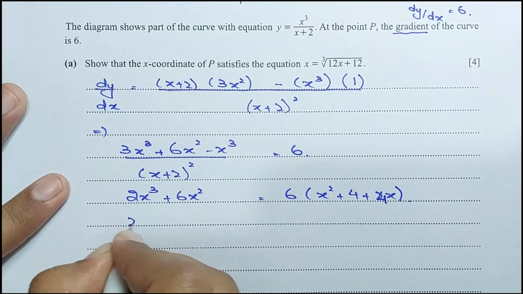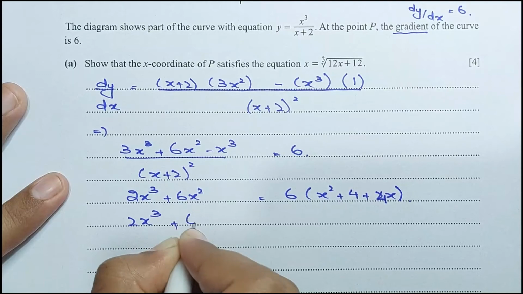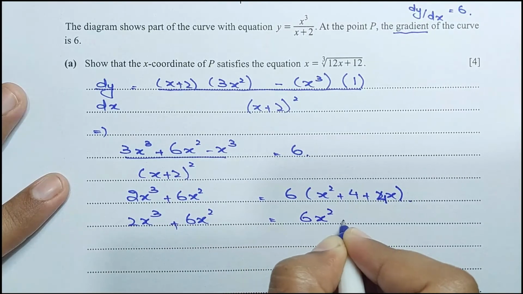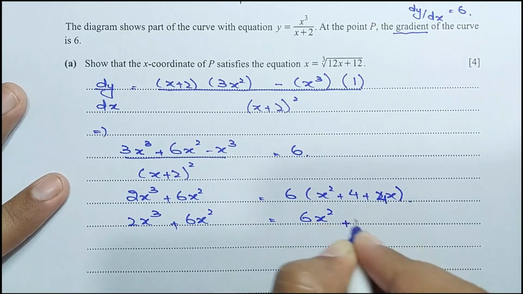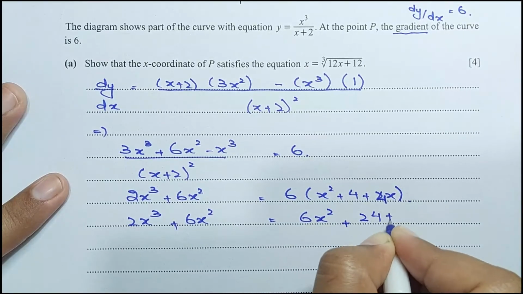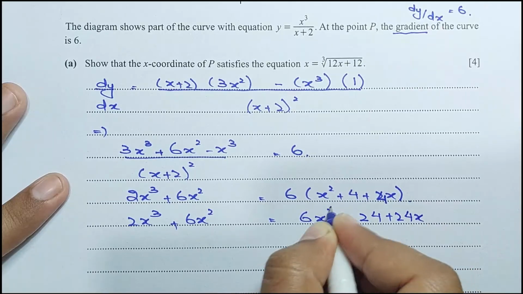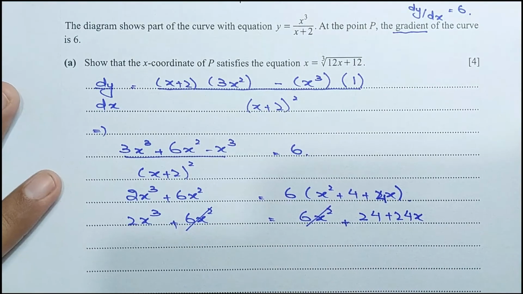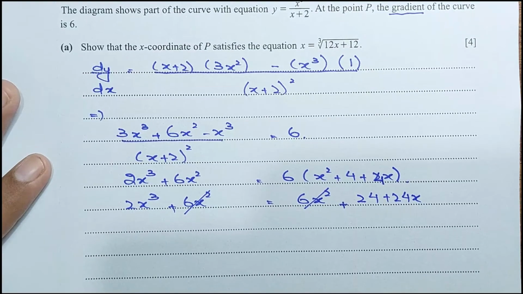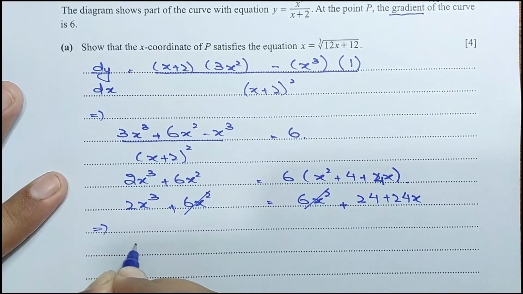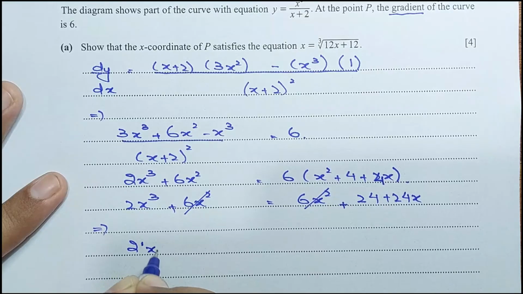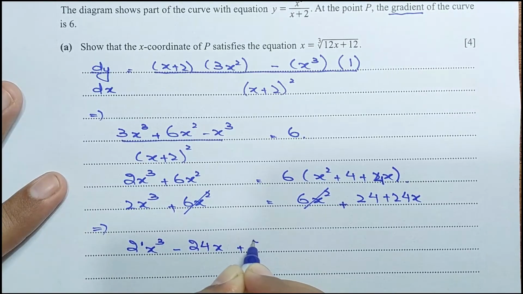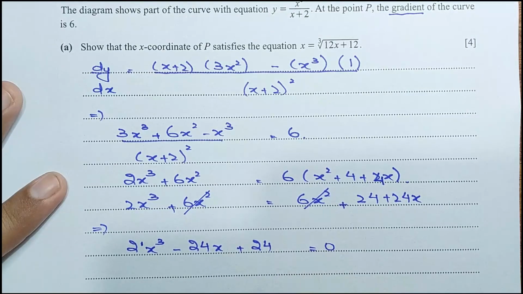So 2x cube plus 6x square, and 6x square plus 24 plus 24x. The 6x square and this x square cancel out. When we shift this to the other side it becomes negative, so positive and negative would be 0. We are left with 22x cube minus 24x plus 24 equals 0.